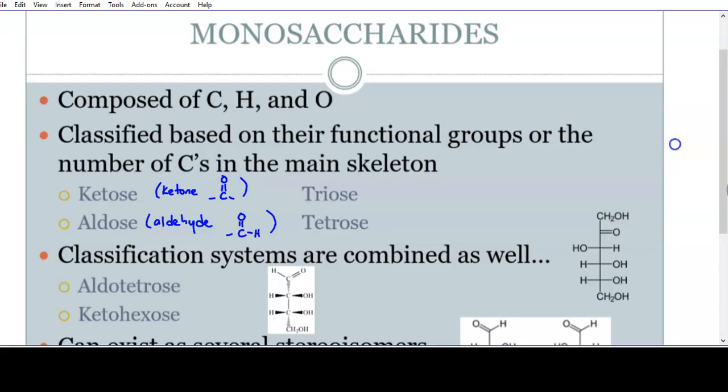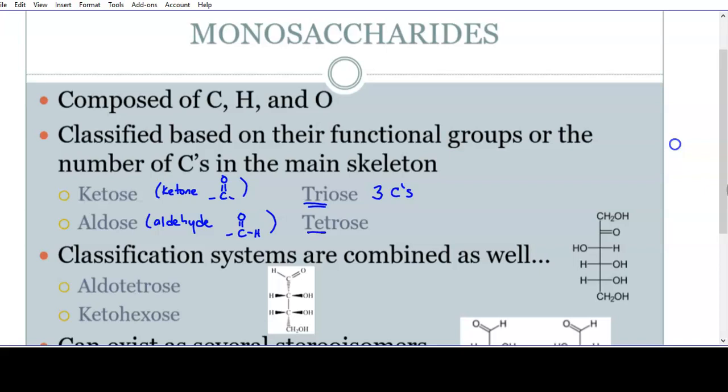They can also be identified based on their number of carbons. You'll notice that pretty much all of these end in O-S-E, very similar to how alkanes were all A-N-E, and alkenes were E-N-E, and so on and so forth. So a triose has the prefix tri, which means 3, so a triose is composed of 3 carbons.